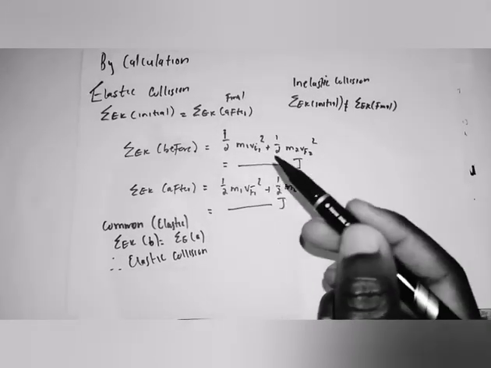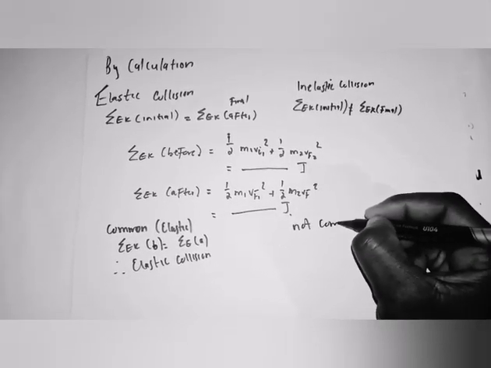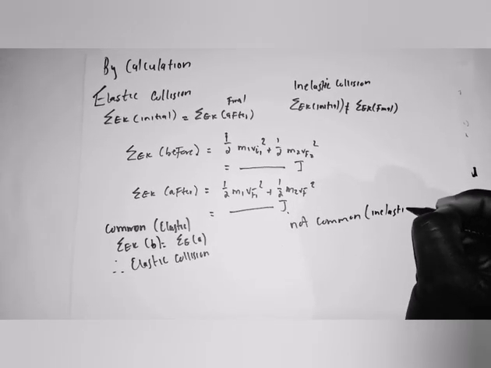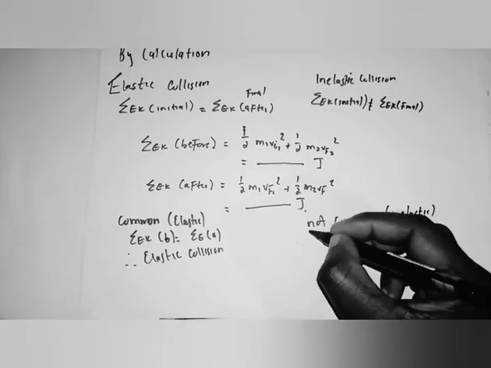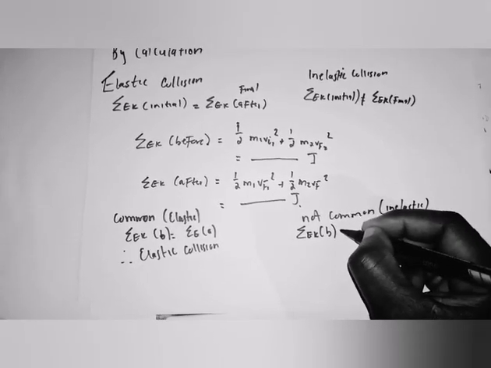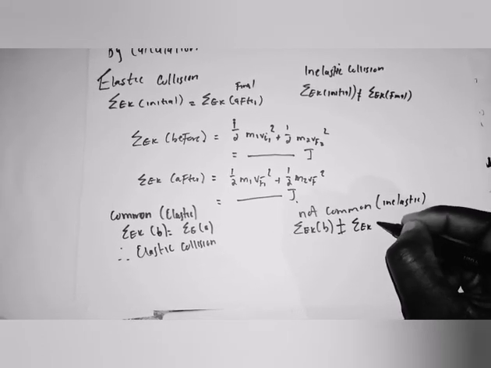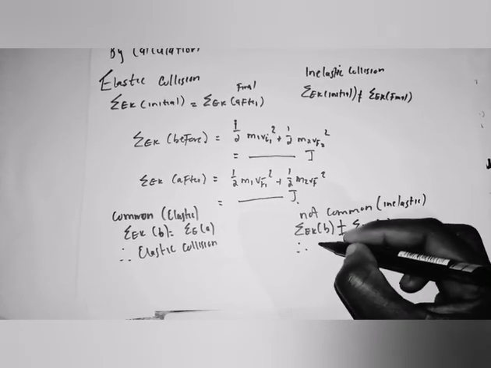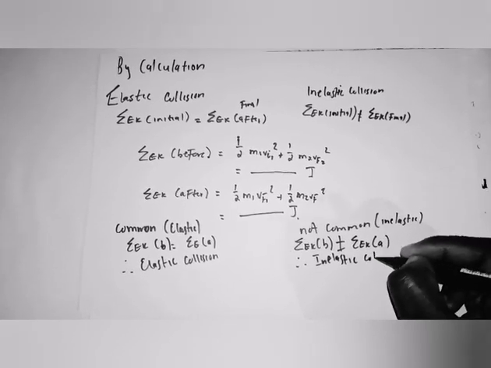You see that? But if you get different answers, or answers which are not common, before concluding saying it is inelastic, you must write the formula for inelastic. So first thing, you write sigma EK before is not equal to sigma EK after. Therefore, you conclude saying that the collision is inelastic.